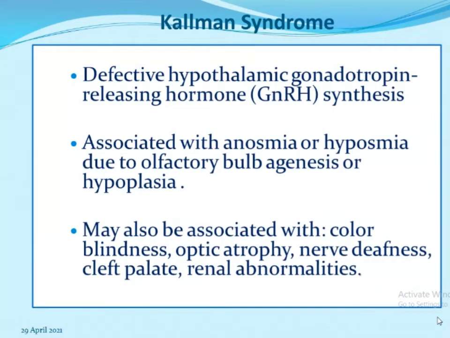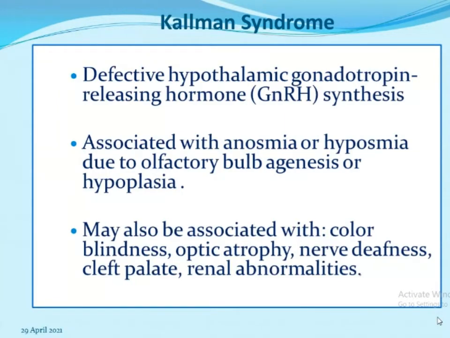What is Kallmann? Kallmann is the name of the scientist who discovered this syndrome. So there will be defective hypothalamic gonadotrophin releasing hormone synthesis. Okay, so here the defect is usually in the hypothalamus, but it is isolated just for this line, which is the gonadotrophin releasing hormone synthesis.